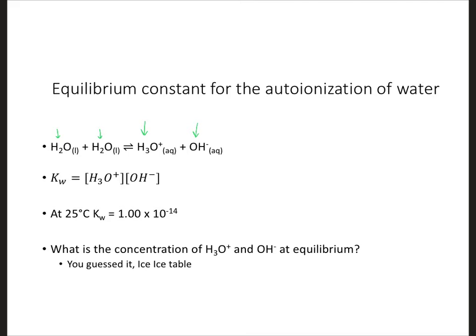This is a reversible reaction, so everything we've already learned about equilibriums applies. In these equilibrium reactions with acids and bases, it usually means the weak forms don't proceed very much in the forward direction. It's actually the reverse direction that's more important, so only a very small percentage of all the water molecules are going to turn into these ions.